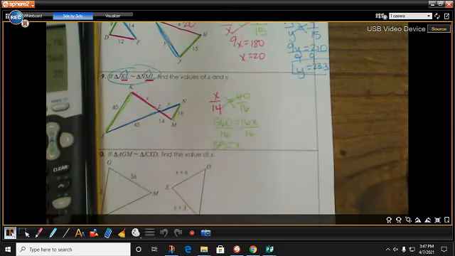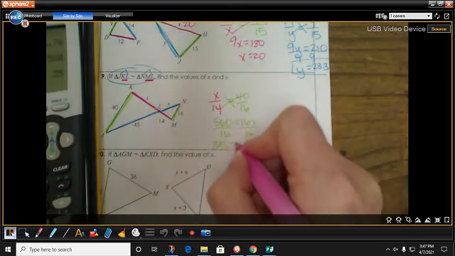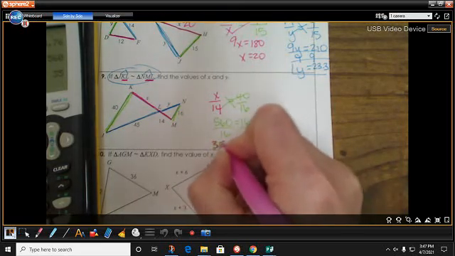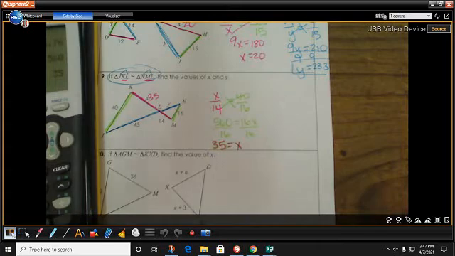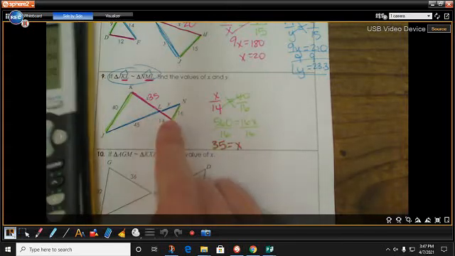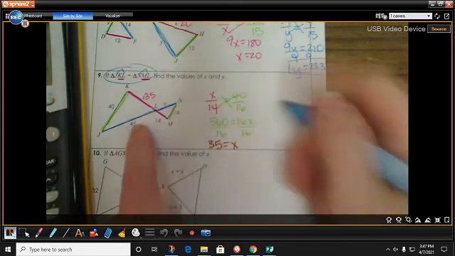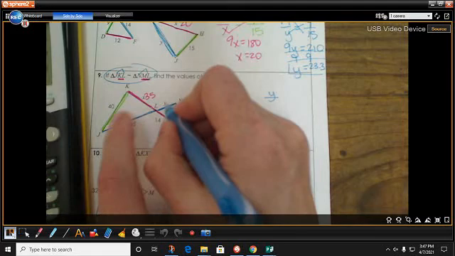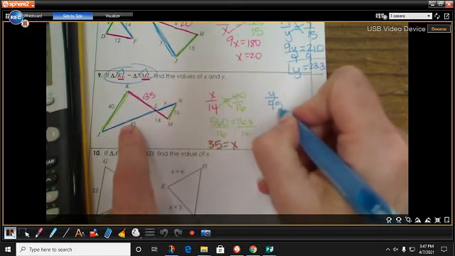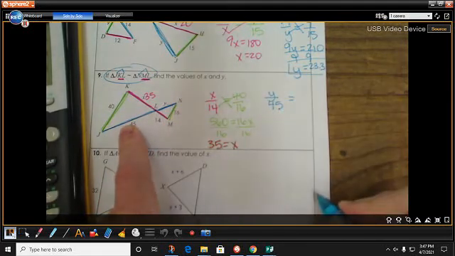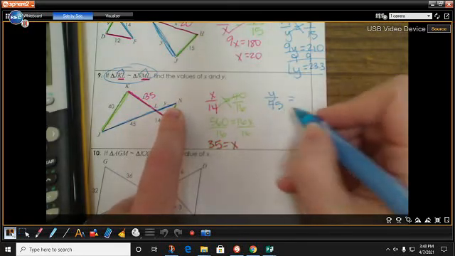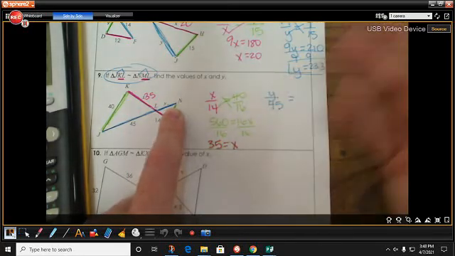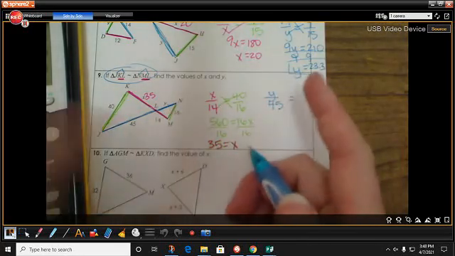All right. And then I go, okay, now what? I found that x equaled 35, and I'm changing it to pink so I can put it here in pink. I don't know why I switched it to green. So now I need to find my y. Well, y gets put in ratio with 45. So if I put the y with 45, well, I started with my small triangle here. Oh no. But the nice thing is that ratios work whether they're upside down or not, as long as you keep corresponding stuff together.